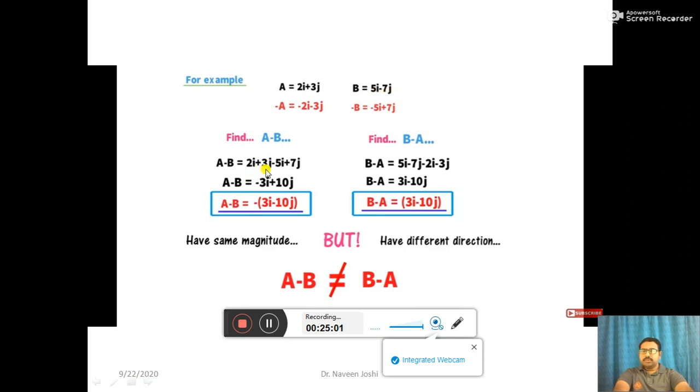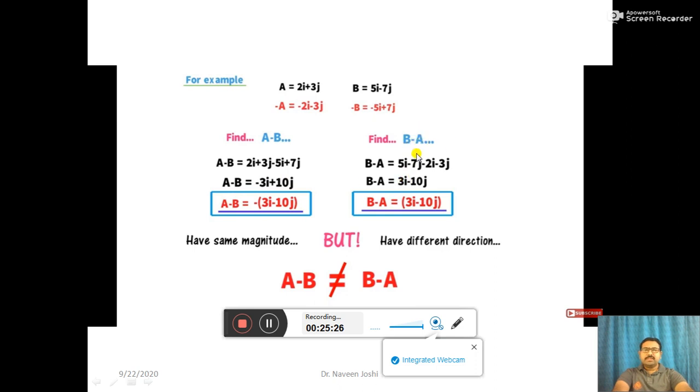If you write 2i plus 3j minus 5i plus 7j, taking the i components, 2i minus 5i gives minus 3i. Similarly, 3j plus 7j gives plus 10j. Therefore, A minus B, if you take the minus sign outside, is minus of (3i minus 10j).